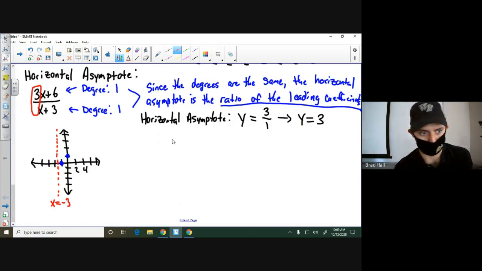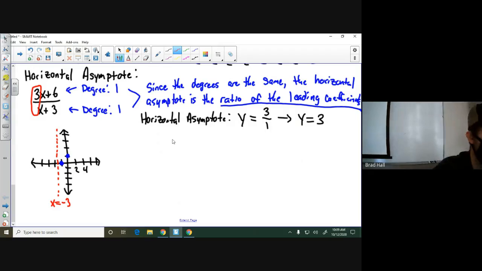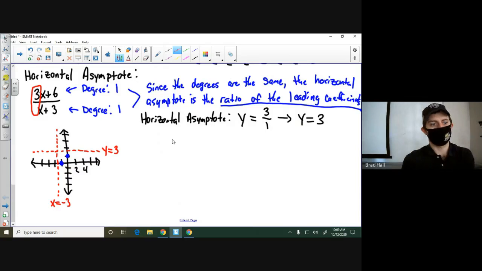And then the horizontal asymptote is y is equal to +3. So those would be the asymptotes.